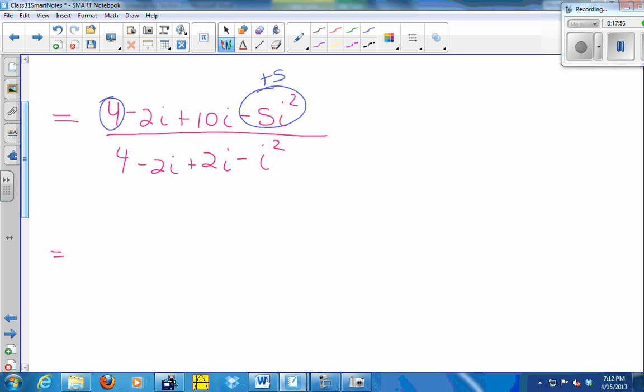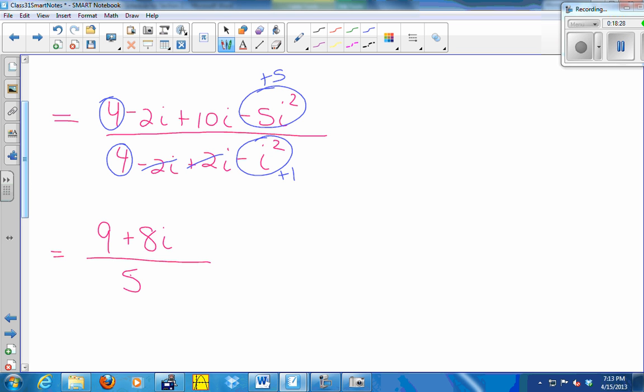So I have 4 plus 5 is 9. -2i plus 10i is 8i. And then in my denominator, my like terms, I've got the 4 and minus i squared, but i squared is really -1, so this is really plus 1. And the 2 i's cancel. So this is 4 plus 1, which is 5.